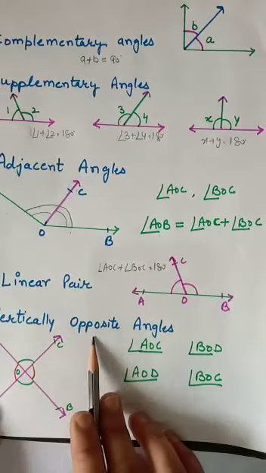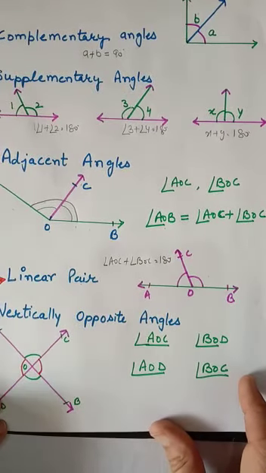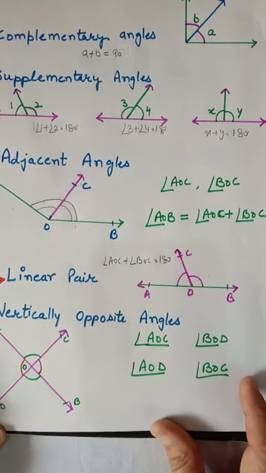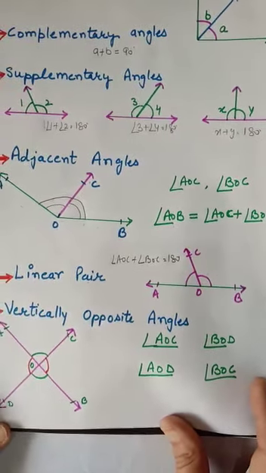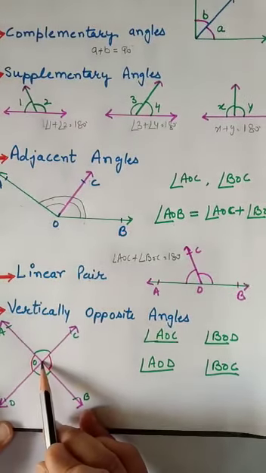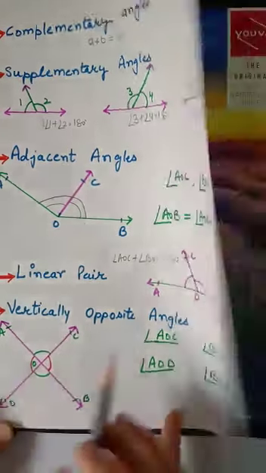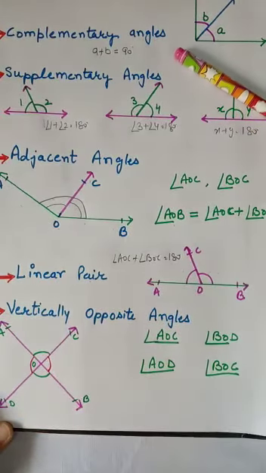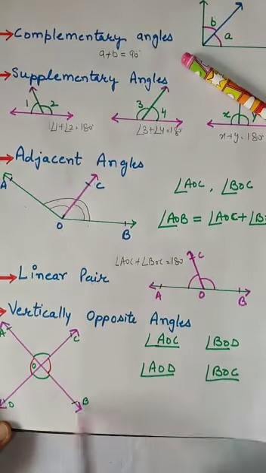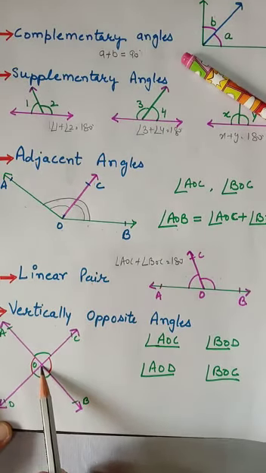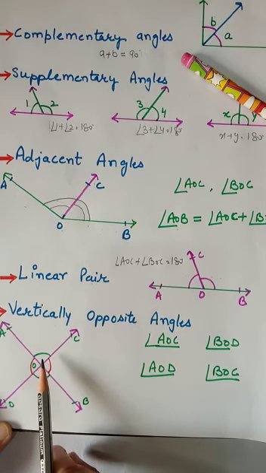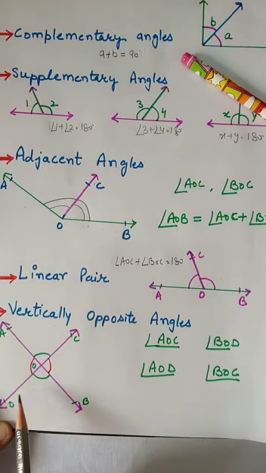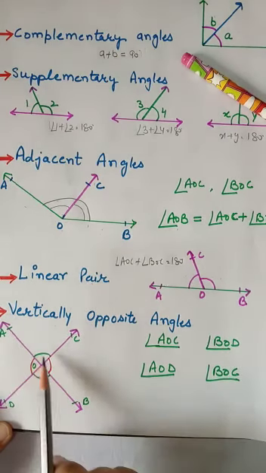Next is vertically opposite angles. Vertically opposite angles are formed when we have two lines intersecting at one common point, say O. Lines are AB and CD here. Now when these two lines intersect at point O, two angles are formed, which are AOC and BOD. Similarly two more, BOC and angle AOD.